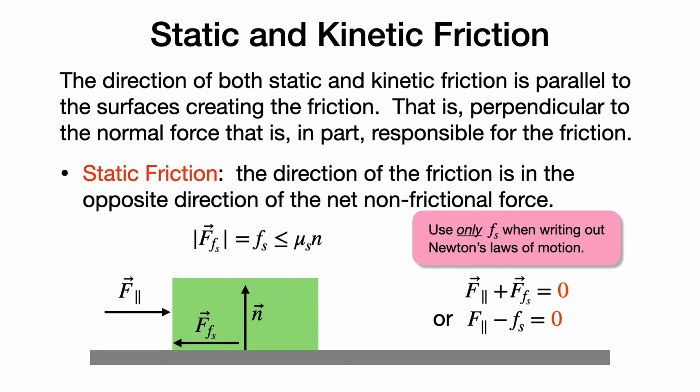Well, remember what the equation says. It says that the magnitude of the static force is less than or equal to mu sub s N. Now, we know that the object is supposed to remain constant, but if we push on the object with very little force towards the right, a small value for the magnitude of F sub parallel, but we use the maximum amount of frictional force that we could get, mu sub s times N, then this is probably going to be larger in magnitude than our F parallel.